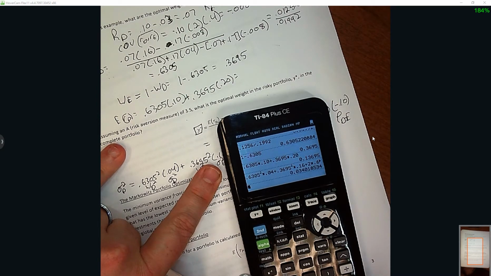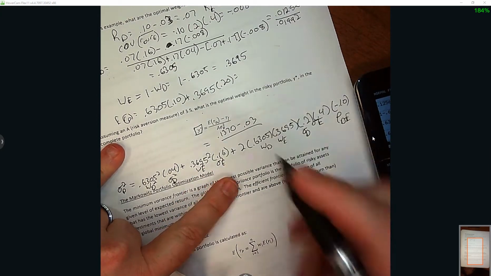That gives us an answer of 0.034 for our variance.